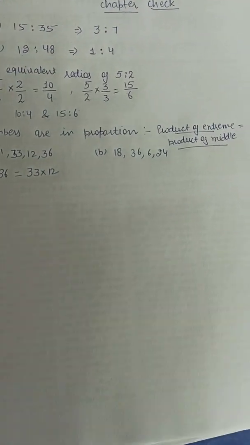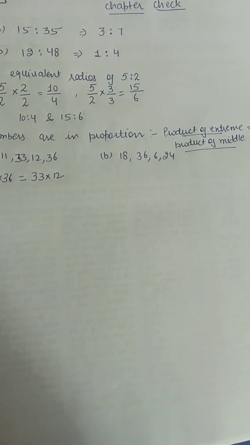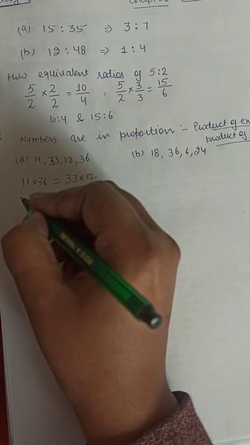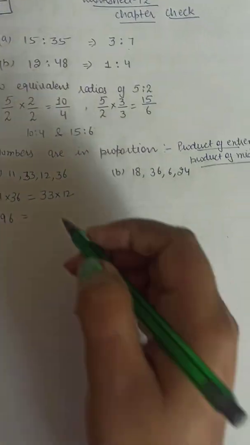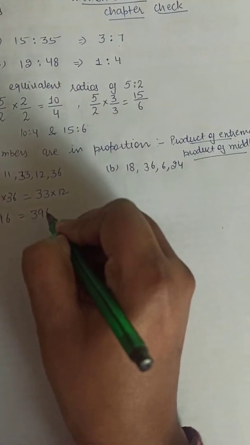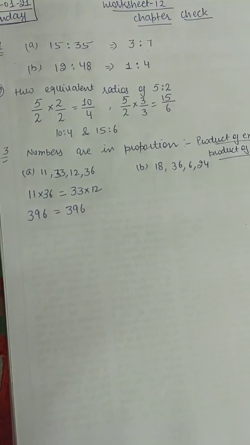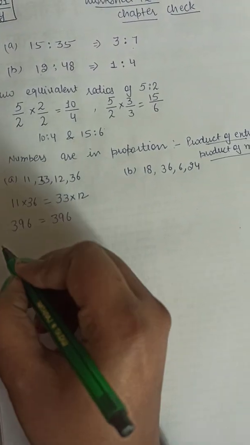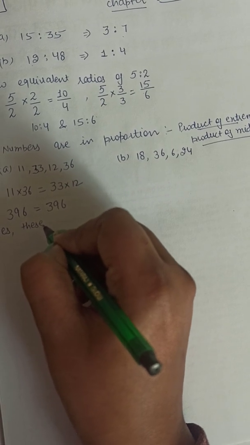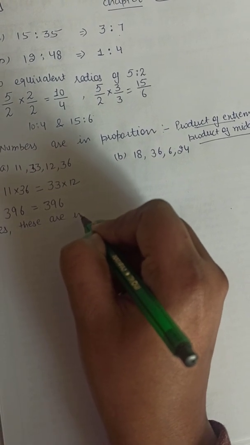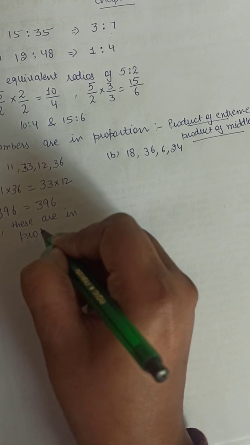When you multiply, you will get 396. Is it equal to, again 396, because 33 multiply 12 answer would be this. So it means yes, these are in proportion.